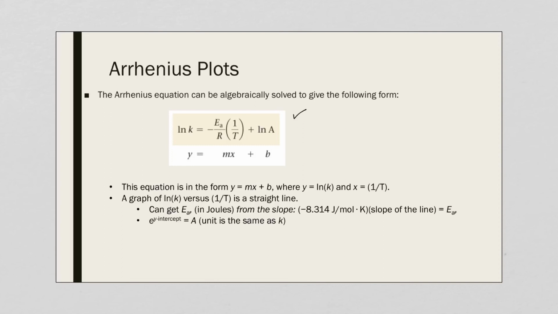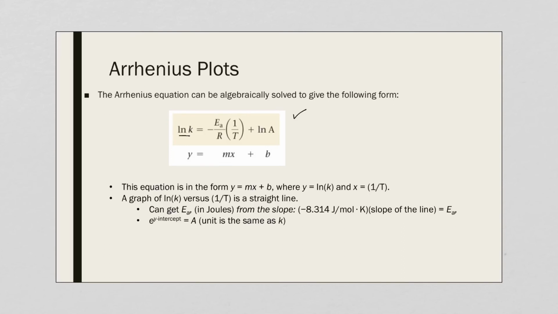So it's the same equation, but we can use this form in order to plot, right? Notice this is in the form of a line, and what this is telling me is that there's a linear relationship between the natural log of the rate constant and the inverse of the temperature.